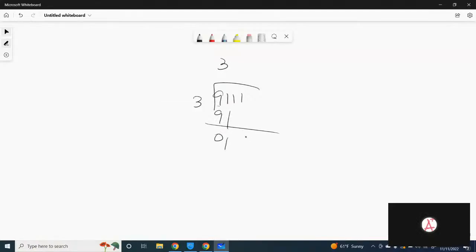Bring the 1 down, but you cannot divide 1 by 3. You have to add 0 over here and bring the next digit down. Now you can count 3 till 11. 3 times 3 makes 9, and 11 minus 9 is 2. Bring the last digit down, it would be 1. So start counting 3 to 21. 3 times what number is 21?